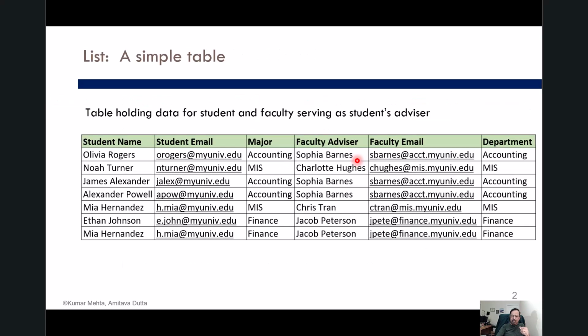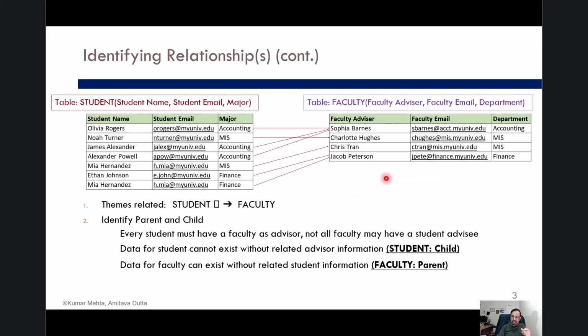So we sort of scanned the columns that were present in this one big table, and we asked ourselves which columns might go together, and that's how we identified the columns that constituted the entity student. And then we said, oh, there's a bunch of other columns that sort of hang together with faculty, and that's how we identified the second theme.